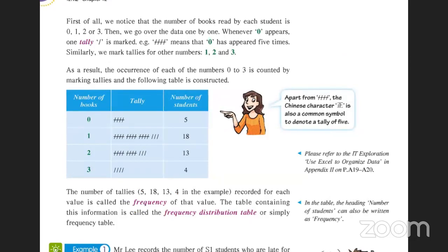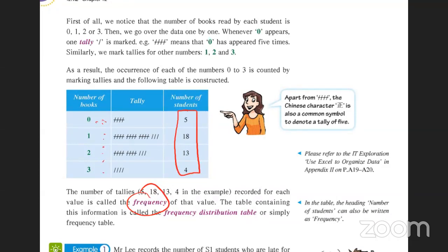In this context, you may think that there are 18 students who have told you that they read 1 book every month. And this column is called frequency. It means we are counting for each data how many times these data have appeared.